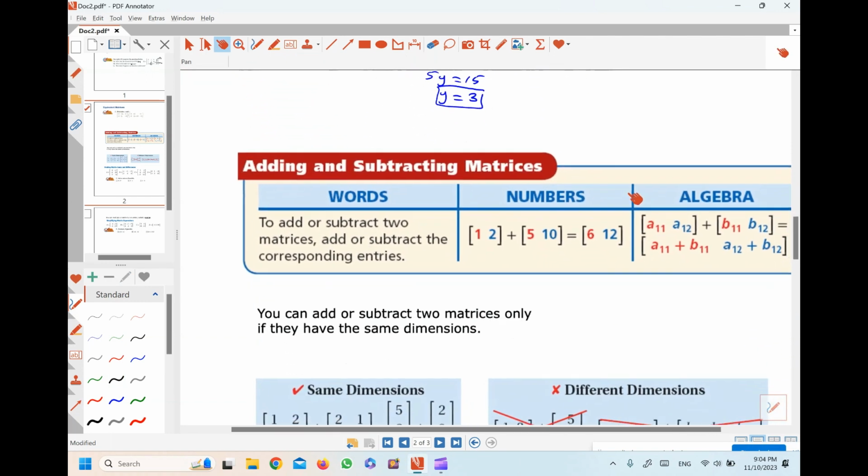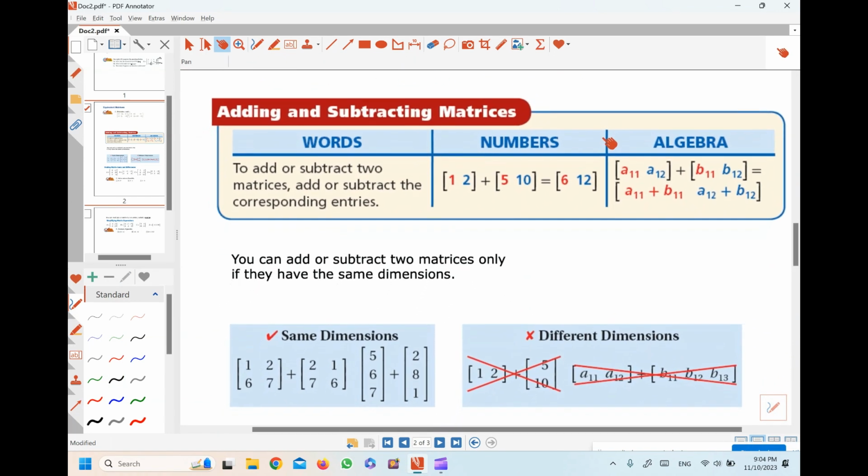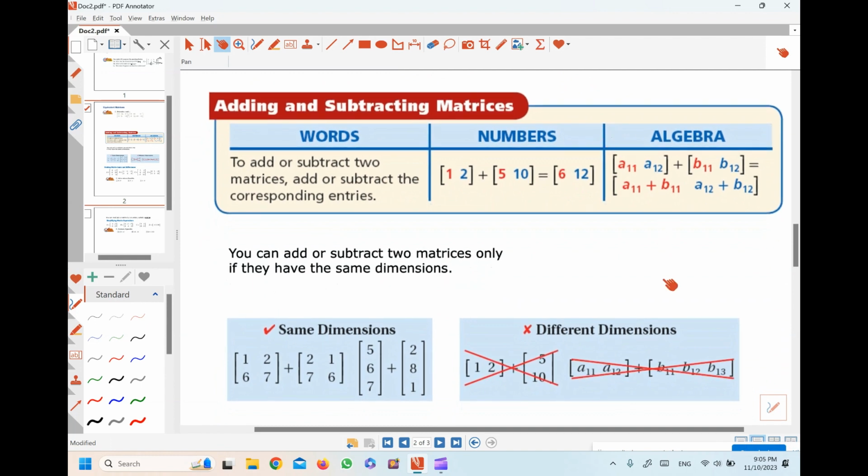There is another thing we need to talk about in matrices. It's how we add and subtract. Adding and subtracting matrices is pretty easy and simple. When we add and subtract, first of all, we have to make sure that the matrices have the same dimensions. If their sizes are the same, then we can easily add or subtract.